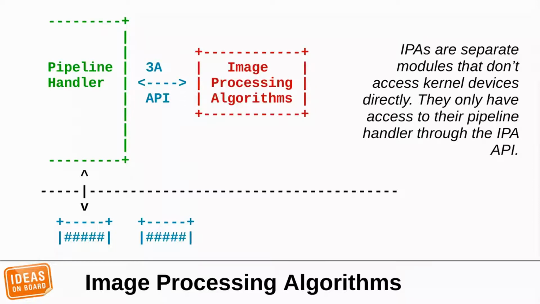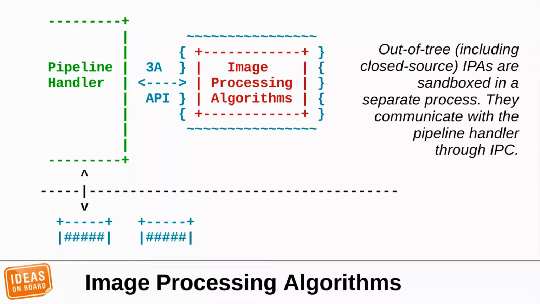And that's fairly important because we mandate that out of tree IPA modules, and especially the closed source ones, will be sandboxed in a separate process. This is a requirement that came from the Chrome OS world, where they do not trust closed source vendor code, and I certainly cannot blame them for that.